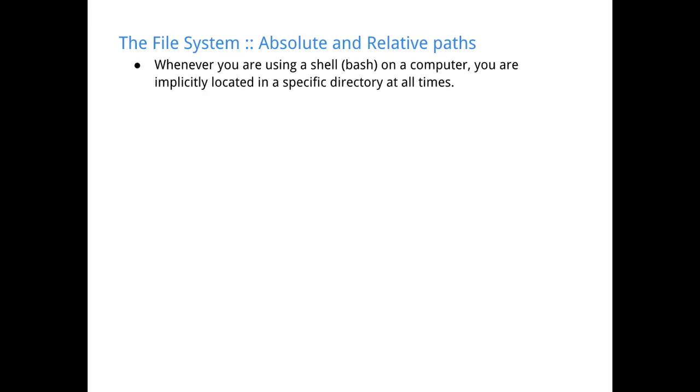Now a little concept that's really important for understanding commands when we're using them: how we actually refer to files. There are absolute and relative paths. Whenever you're using a shell, you are implicitly located in a specific directory at all times. When you log into Hills, you're placed into your home directory.